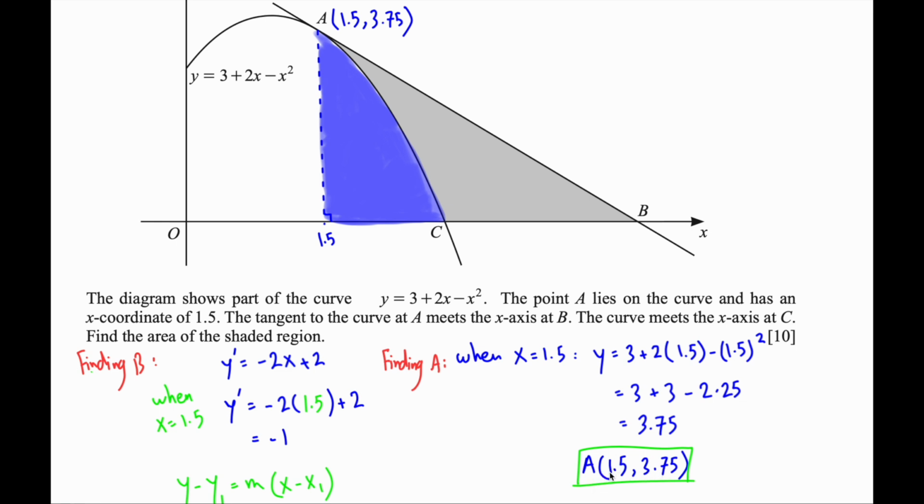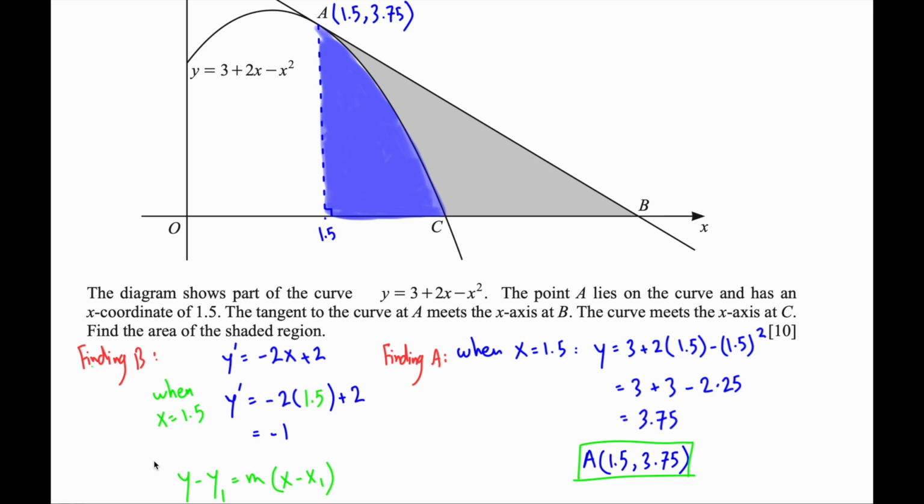That's gonna help me to find the value of B, because in order to find the value of B, I need to find the equation of a tangent line. And in order to do that, I need to know the slope as well as the coordinate of one point which is lying on that line, and that's the tangent point basically here. So I'm gonna start with taking the derivative of the original equation of the curve.